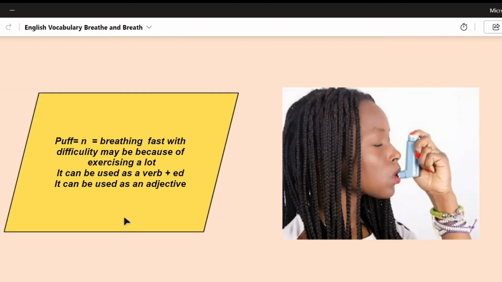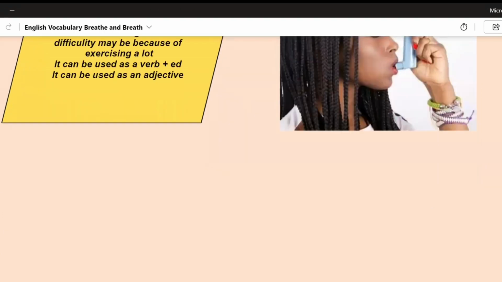She has difficulty. Puff may have another use. We use it when we say puff bread, puff cake, puff pastries, those kinds of food that have a lot of sweets, a lot of sugar, like that. So we have puff.